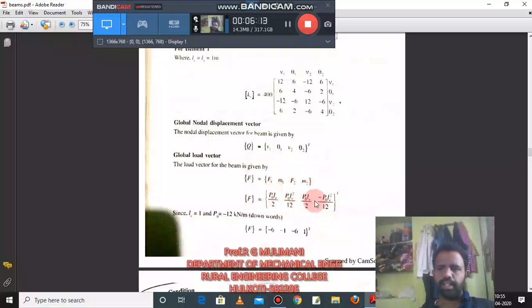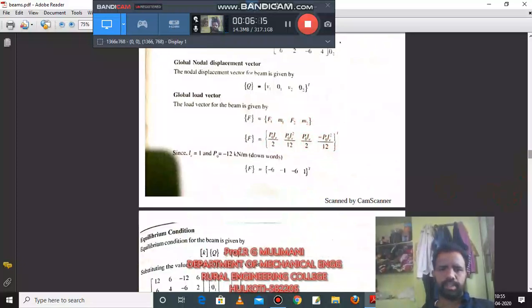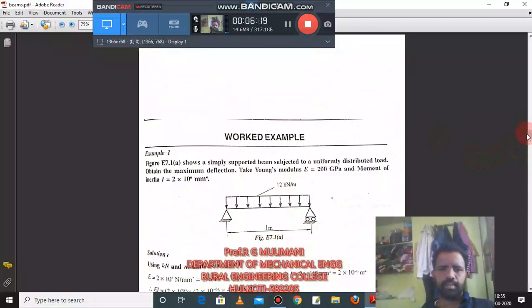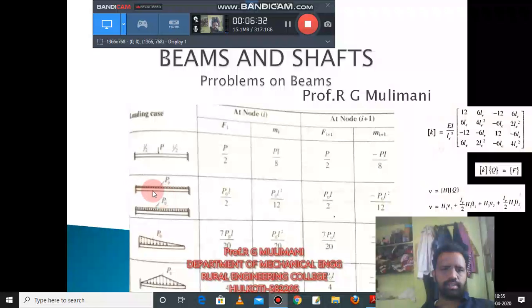It is for UDL, for the whole element. Okay, substituting P naught and LE. What is P naught here? See here, P naught. This is 12 kilonewton per meter, the UDL intensity. This is P naught, 12 kilonewton per meter. I already told, when it is subjected to UDL for the whole element, then this is F1 and M1 at node 1 and F2 and M2, force and moment at node 2.